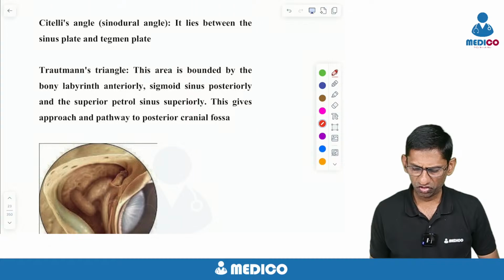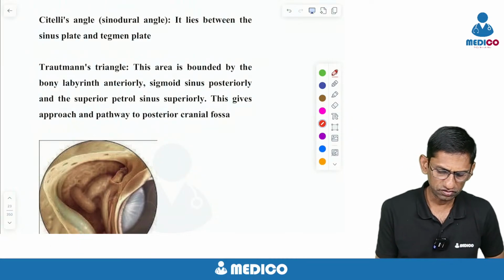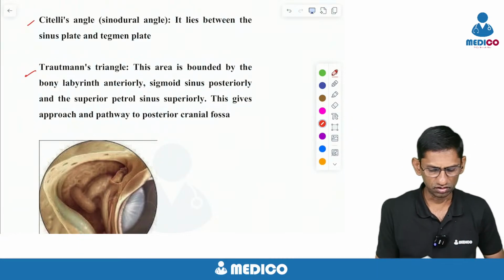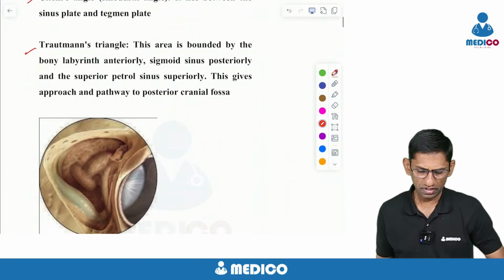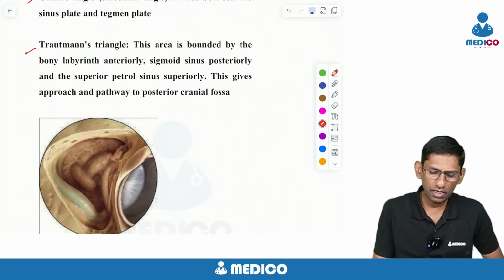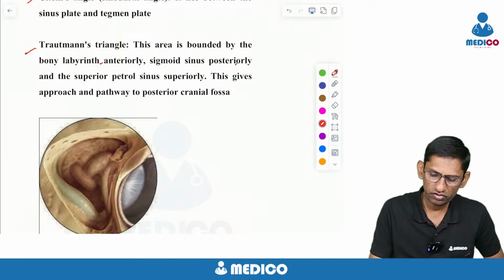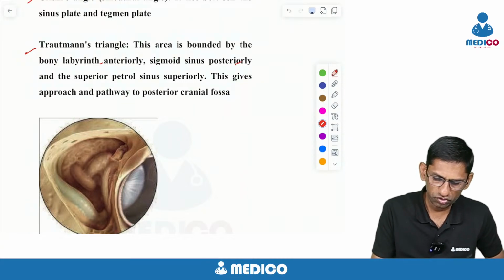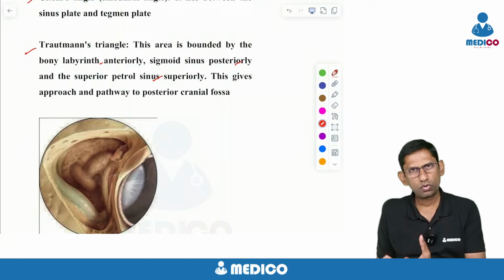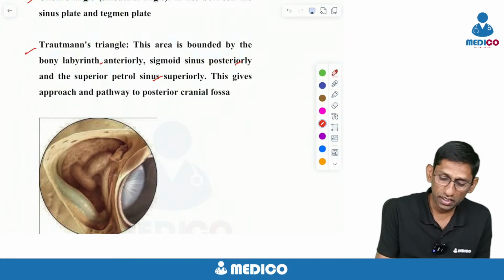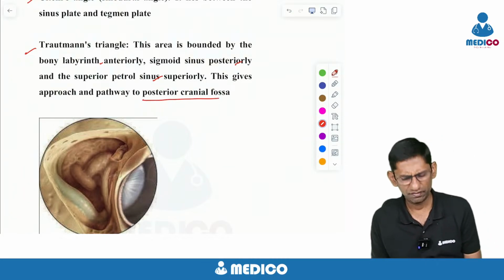So coming to the mastoid, a few other things. There are two things, Trautmann's triangle and Citelli's angle. What is Trautmann's triangle? This area is bounded by the bony labyrinth anteriorly, sigmoid sinus posteriorly, and superior petrosal sinus superiorly. So this gives an approach from the mastoid into the posterior cranial fossa. Very simple.